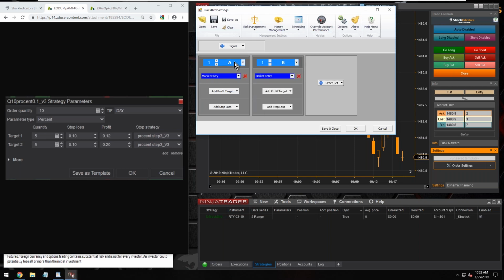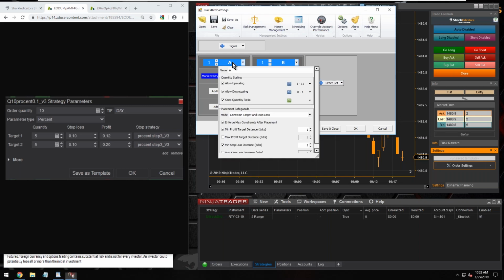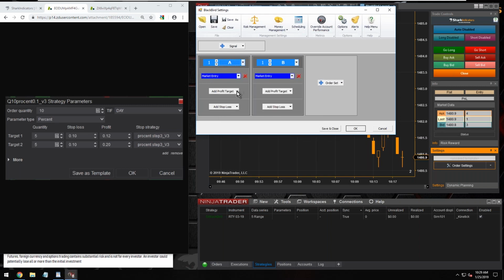Order A is going to be your first profit target, and this is your first order set. Then order B will be the second profit target over here. All right, so let's plug in. We have a quantity of 5 and 5, so let's adjust those.